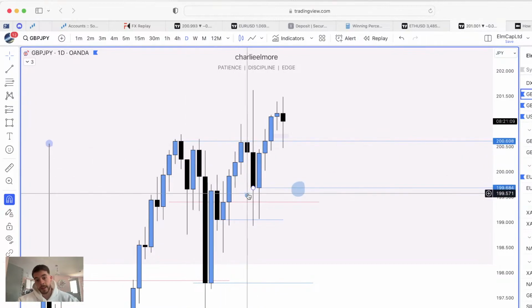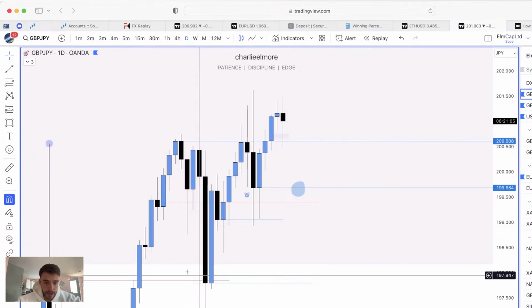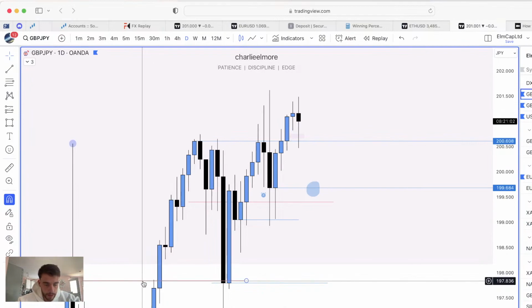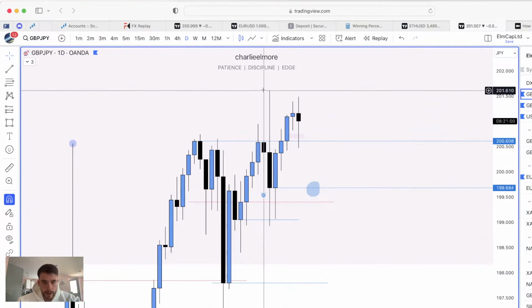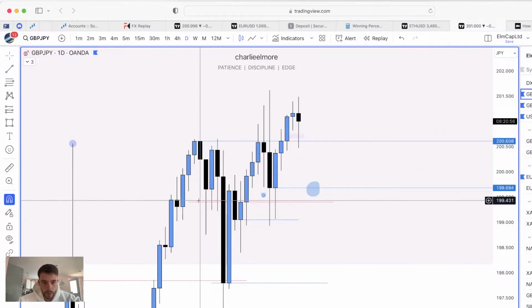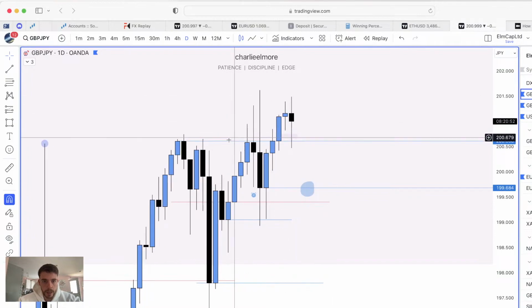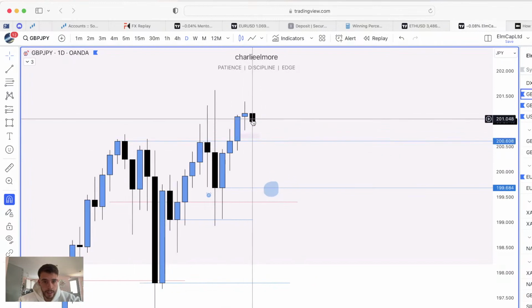Price created that area, came back down into this weekly red grid level, moved away. We had wicks to the upside, dragged it back down into this weekly grid support, and price has moved back to the upside. And it's looking like we might use this area as support, because look at what today's candle has done.